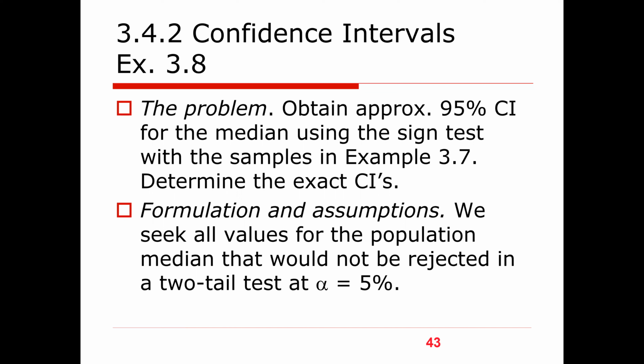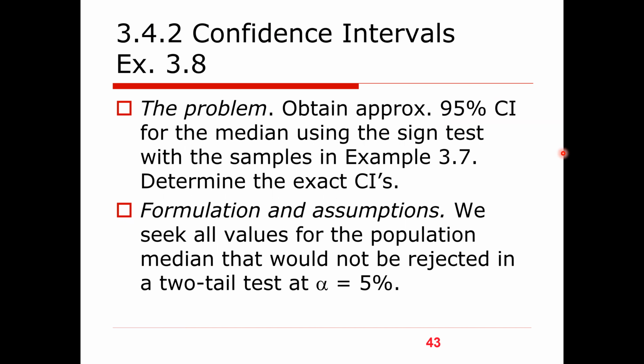Confidence intervals. Example 3.8. There's a sign test with samples to determine exact confidence intervals. We could seek all values of the population median and see what would be rejected when alpha is 0.05.